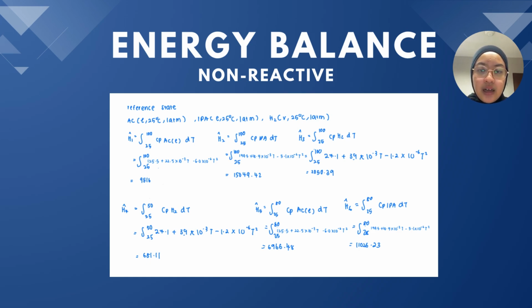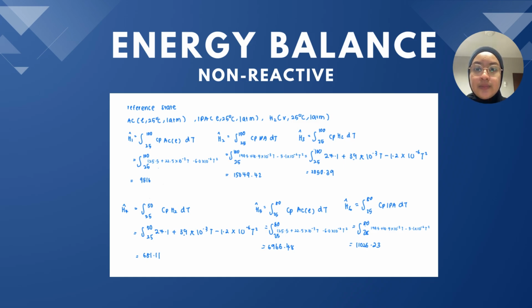I made the reference states of each substance: acetone is liquid at 35 degrees Celsius and 1 atm; isopropanol is liquid at 35 degrees Celsius and 1 atm; and hydrogen is gas at 35 degrees Celsius and 1 atm.